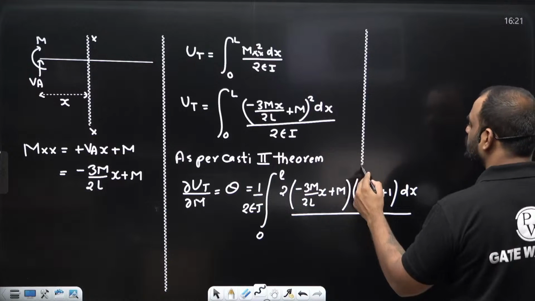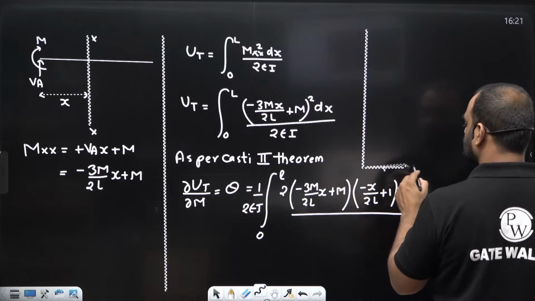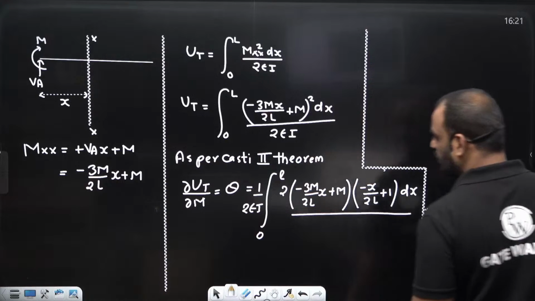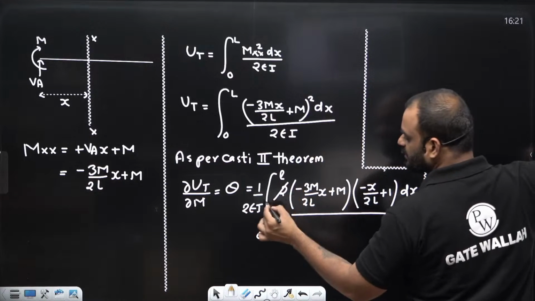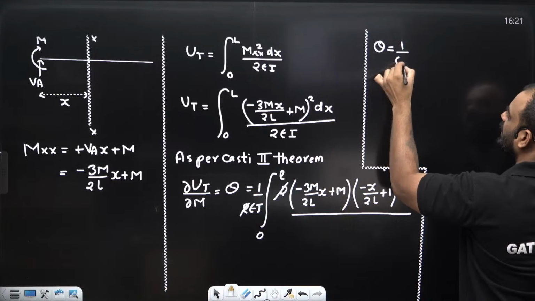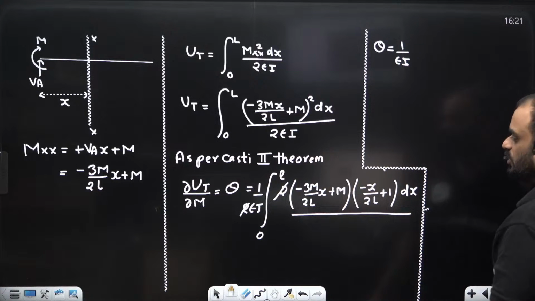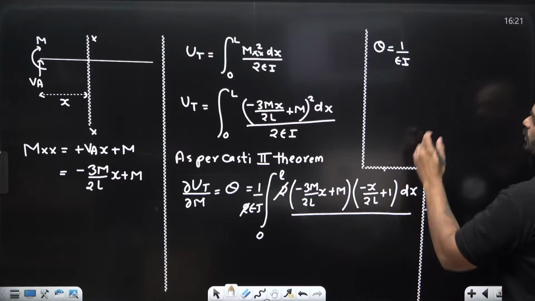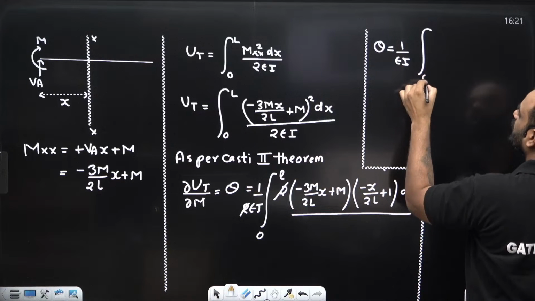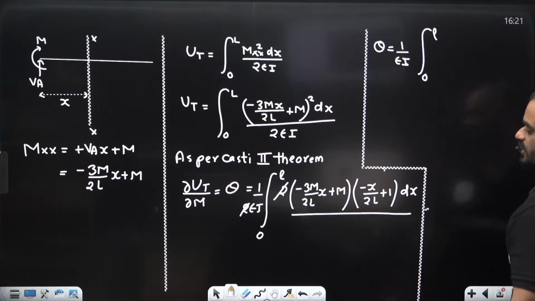Now guys, let us solve this further. So we can cancel this 2 with 2. So ultimately theta is equal to 1 by EI. Then guys, we need to write 0 to L as the integration limit.